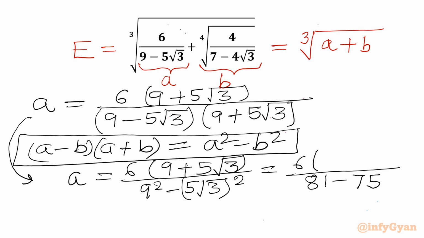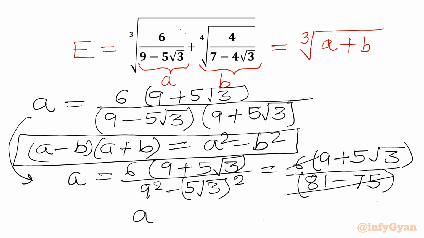And numerator is 6 times 9 plus 5 root 3. Now 81 minus 75 is 6, so we can cancel. So A is coming out 9 plus 5 square root 3.